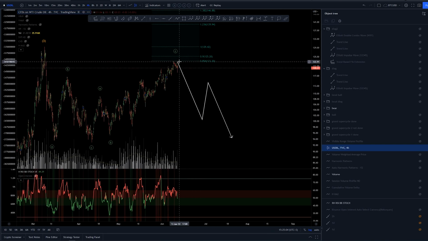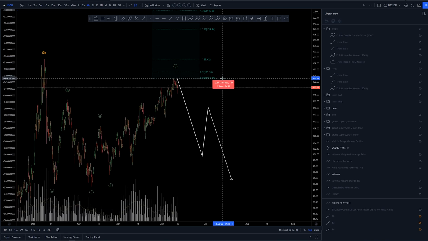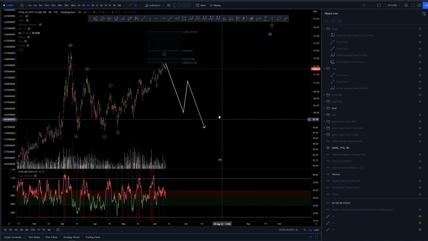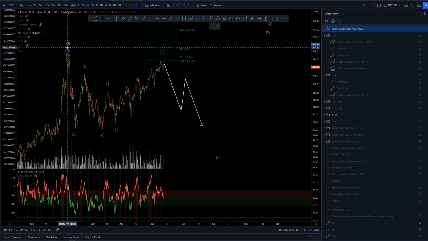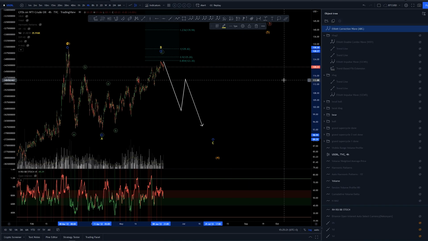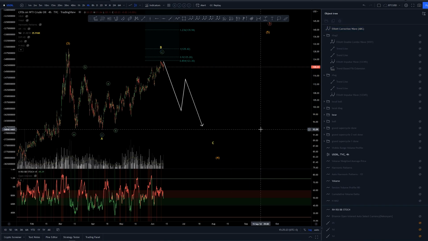It is very close though, within a margin of error of about 0.2%. So it is definitely possible that we have already done A, B, and are now looking for wave C to come down. This is the bearish way to look at this structure.